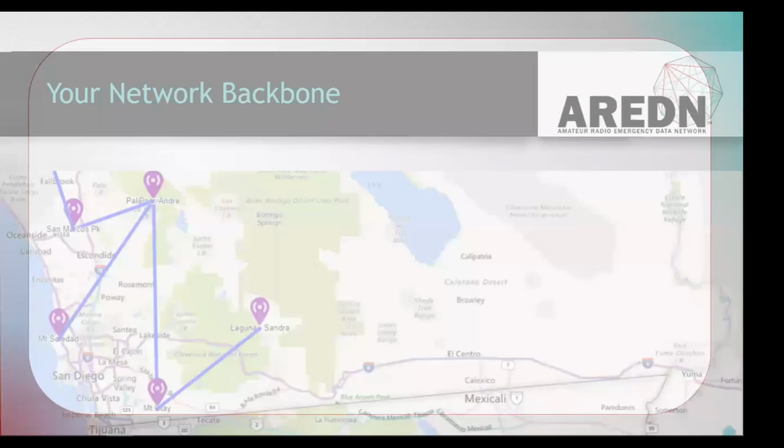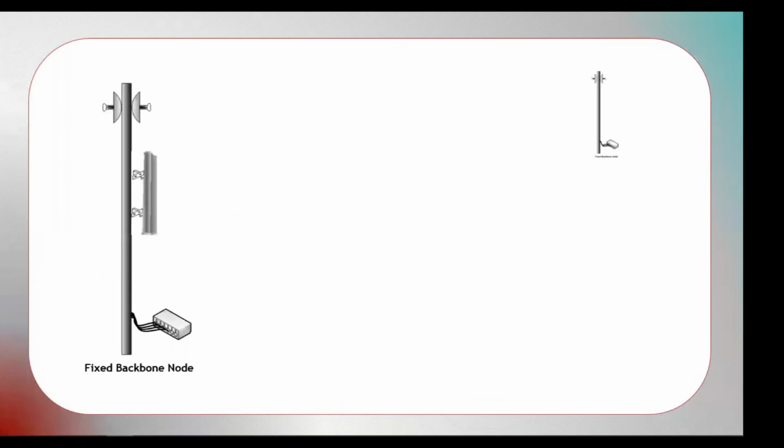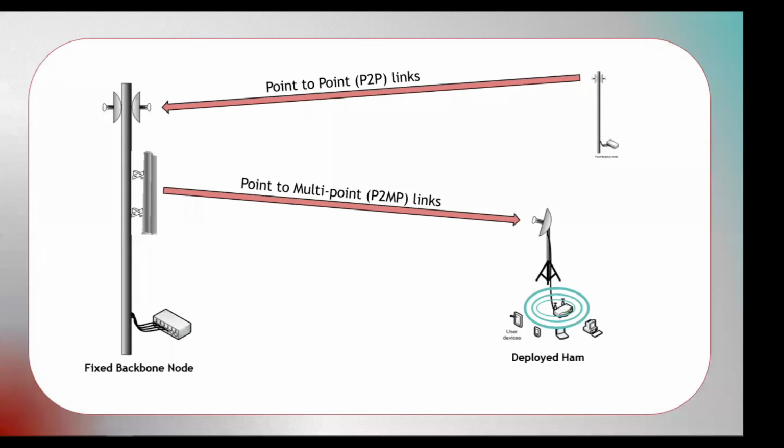So let's remember that we have modeled just the backbone at this point. So backbones are point-to-point links, but at each backbone site, we also have a radio that does distribution down to the lower levels.